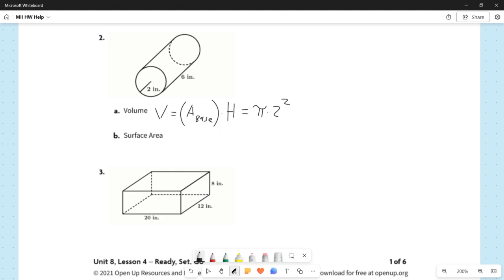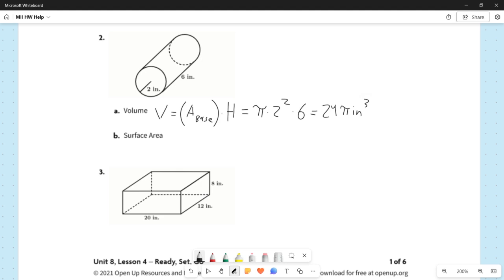So now we're going to take our pi times r squared, and then in order to get the volume, we simply multiply by the height, which in this case is 6. Right, so this is our answer. We just need to clean it up. 2 squared is 4, and 4 times 6 is 24. We're going to leave pi right in there. We're talking about inches, and volume is a 3-dimensional unit of measurement, which means these are cubic inches.